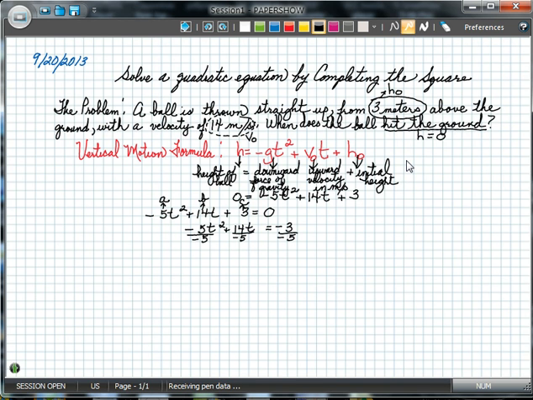So we get t squared minus 14/5 t equals a positive 3/5.